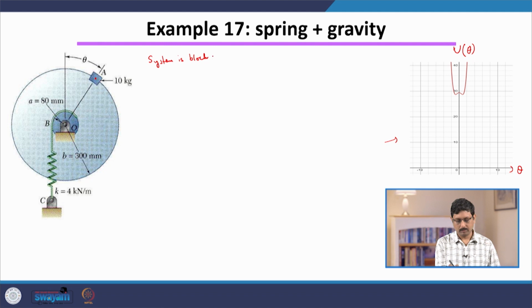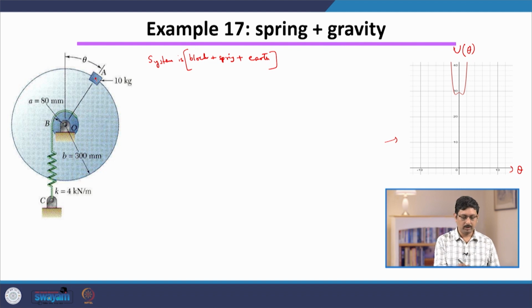Our system is block plus spring. In fact, in this case, to properly define this potential energy, we have to include the earth also in our system, so that there is no external force acting on this system. Now, there are two contributions to the energy.